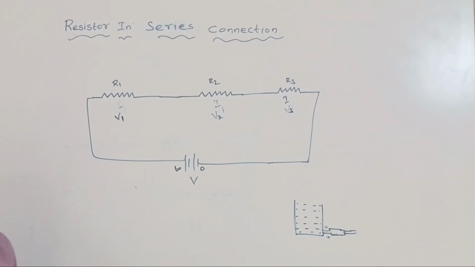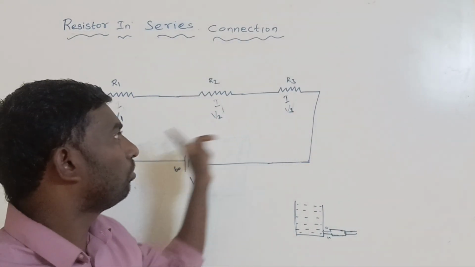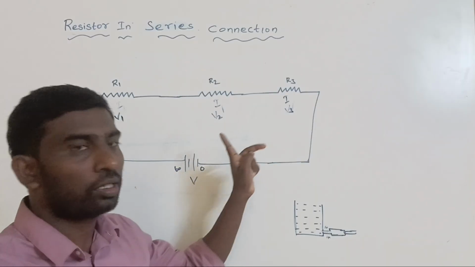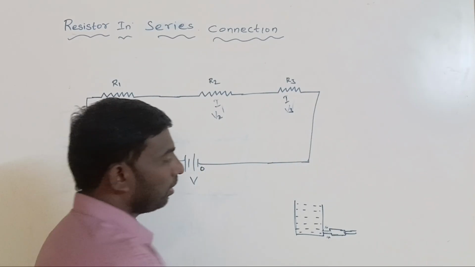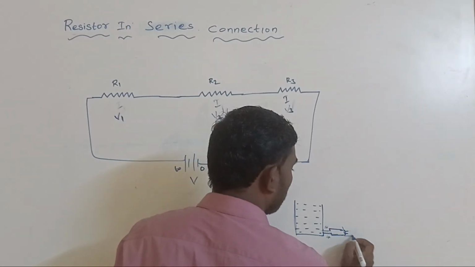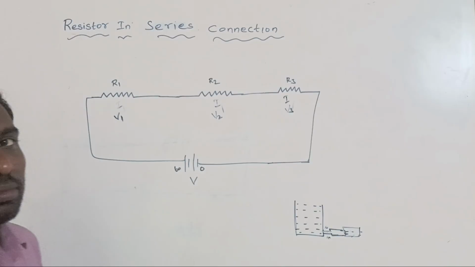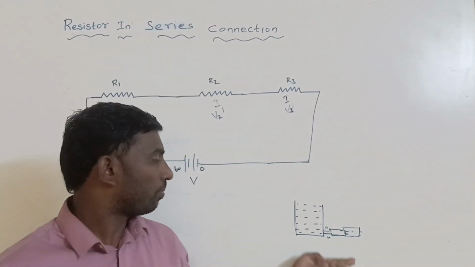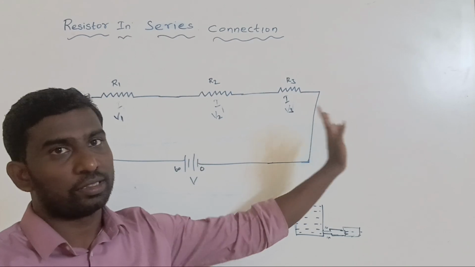The voltage will differ. Consider the pipe: if the length is more, the water is slower. In this way you can understand resistors in series.